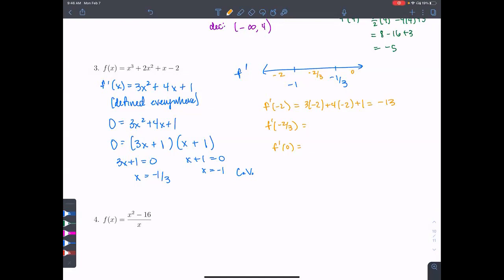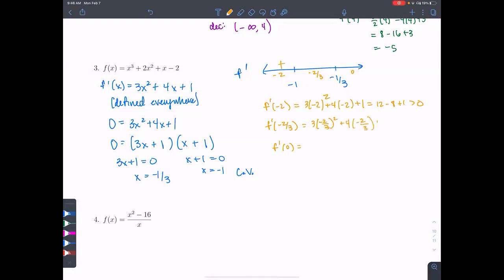Oh, because that's squared. This is the problem. That's squared. Okay, I knew what we get there. That's 4. 3 times 4 is 12 minus 8 plus 1. That is going to be positive. And then if we plug in -2/3, we have 3 times -2/3 squared plus 4 times -2/3.